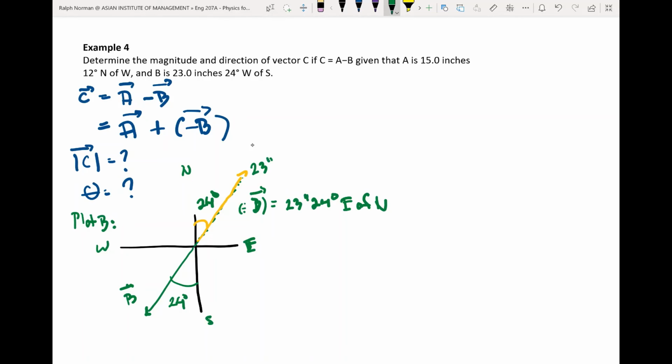Just reduce lang to. Yeah, that's better. So 23 inches, 24 degrees east of north. Okay. So now we established that.